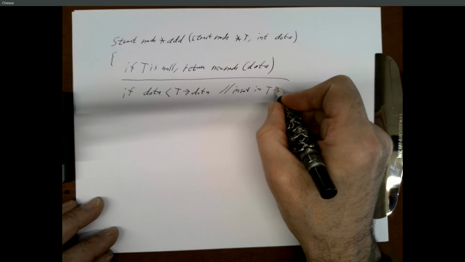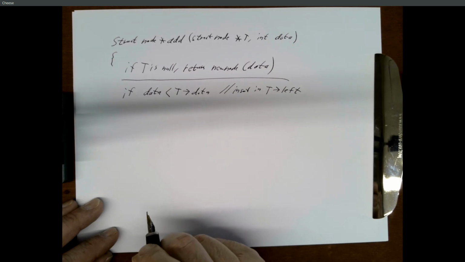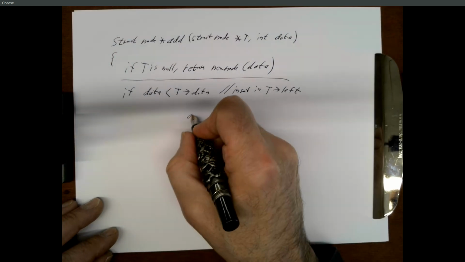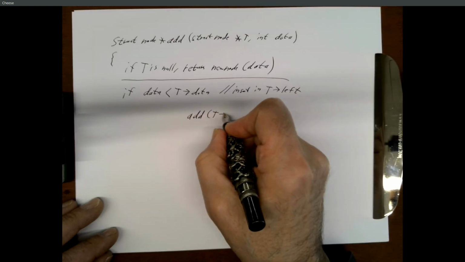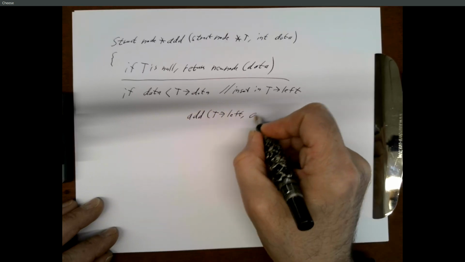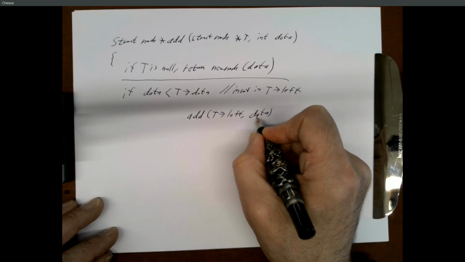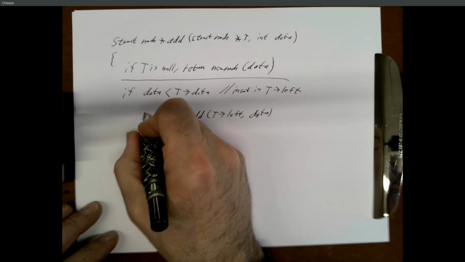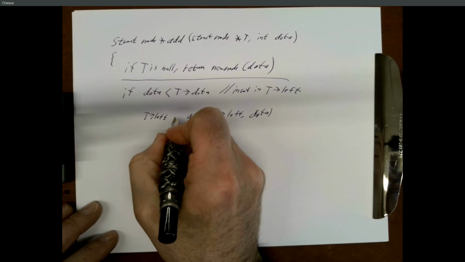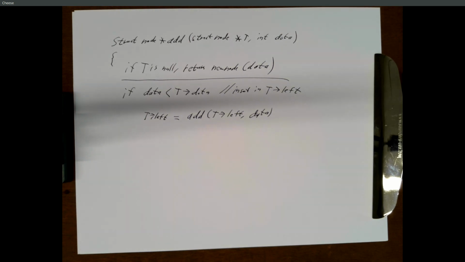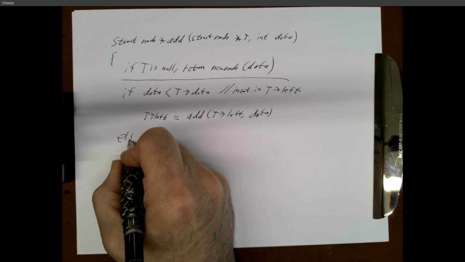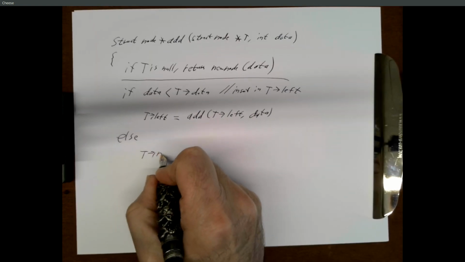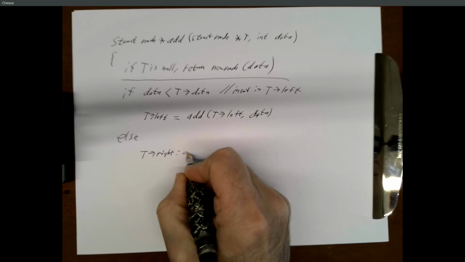Okay, so if the data is smaller than the root value, we want to insert it into the left subtree. Well, how do we do that? We say add T arrow left, comma data. And then we need to make sure that T arrow left points to that node. Else, do it on the right instead.